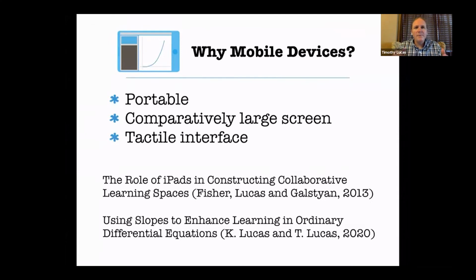Those things plus the tactile interface made something like an iPad or an iPhone just a great tool for mathematics in the classroom. Back when the iPad first came out, we did a little bit of research on using some math apps early on in a business calculus class. And from those observations, wrote a research paper about the role of iPads in constructing collaborative learning spaces.